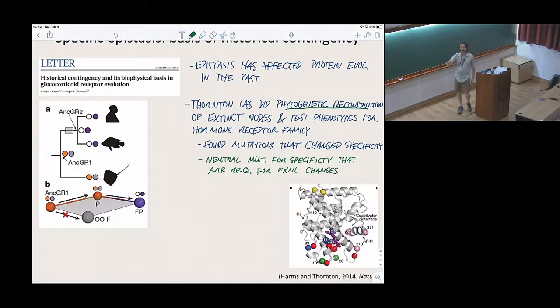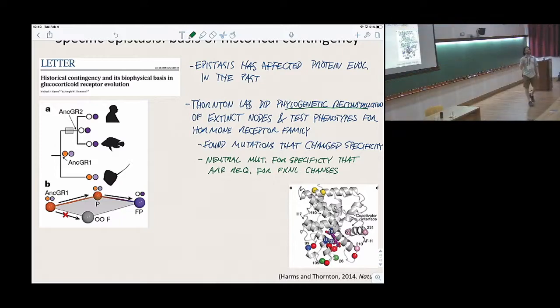So the very mutations that actually allow the receptor to change what it binds to end up destabilizing the protein. And so you need these other mutations that stabilize those exact contacts, but the stabilizing mutation alone doesn't do anything when it comes to hormone receptor capacity.